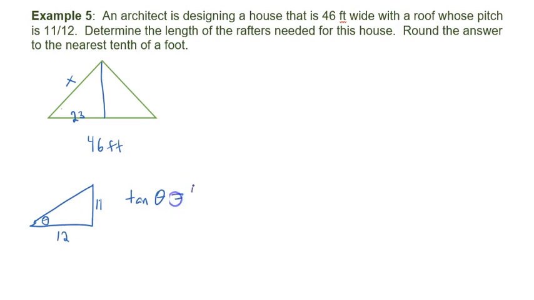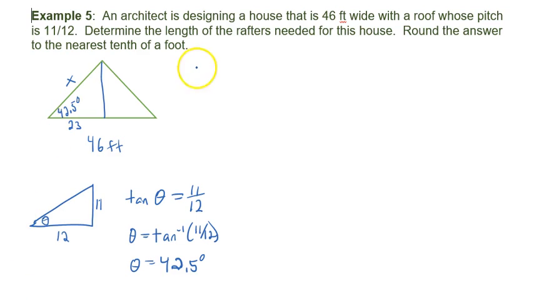So tangent theta is 11/12. Then you're missing the angle, so you're going to do tangent inverse of 11/12. And you get theta to be 42.5 degrees. That means that this angle up here in my original problem is 42.5.